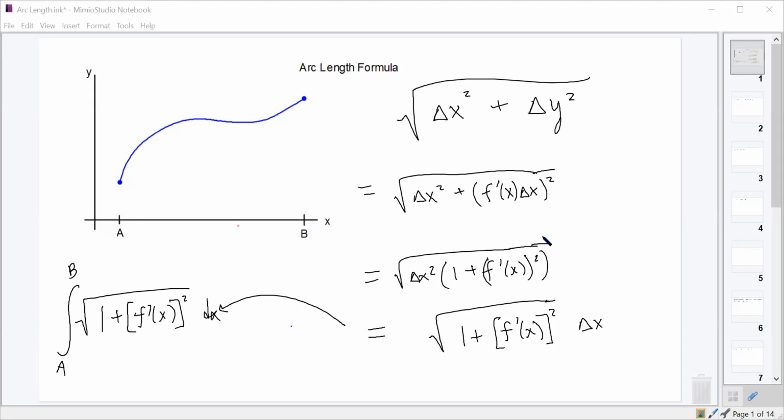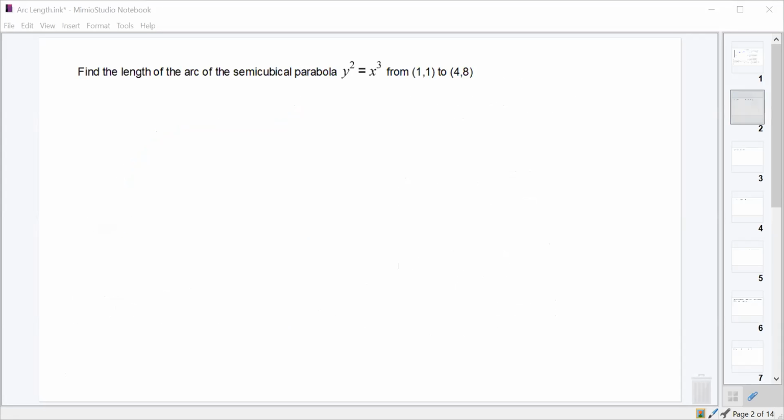So let's see if we can do this. Let's find the length of the arc of y squared equals x cubed from the point 1, 1 to the point 4, 8. And so if we were to square root this, we end up with y equals x to the 3/2.